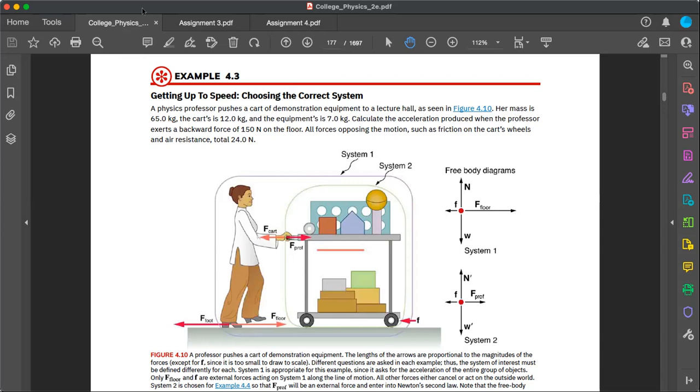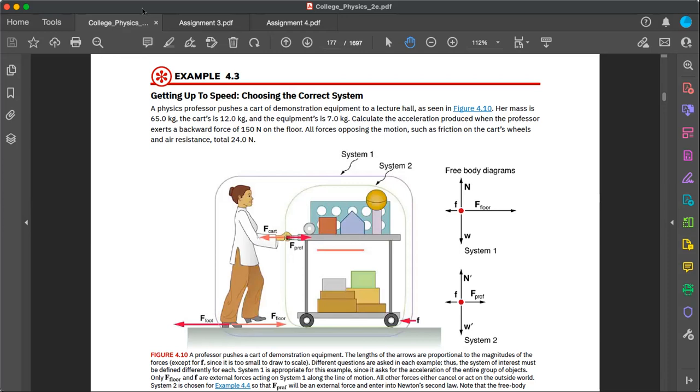Now the question is, calculate the acceleration produced when the professor exerts a backward force of 150 Newtons on the floor. That means when she walks, she exerts this force of 150 Newtons on the floor, backward, in the horizontal direction. Okay?